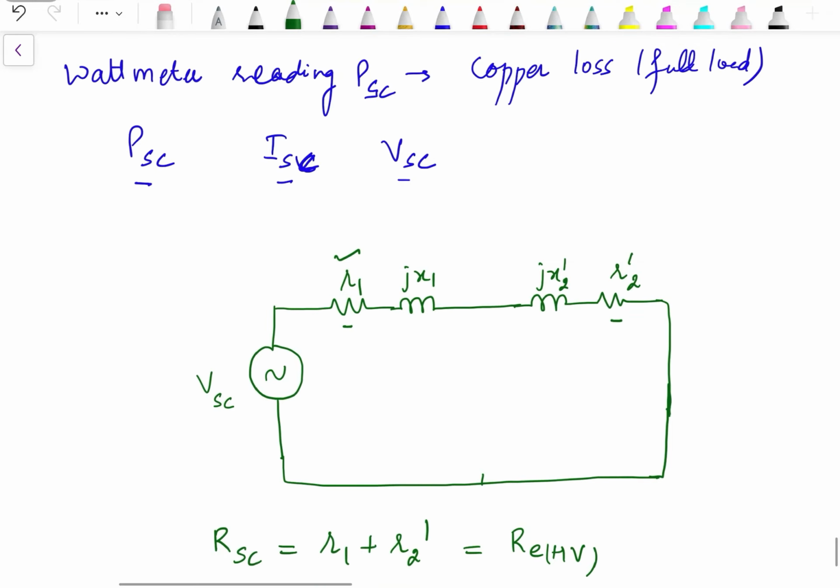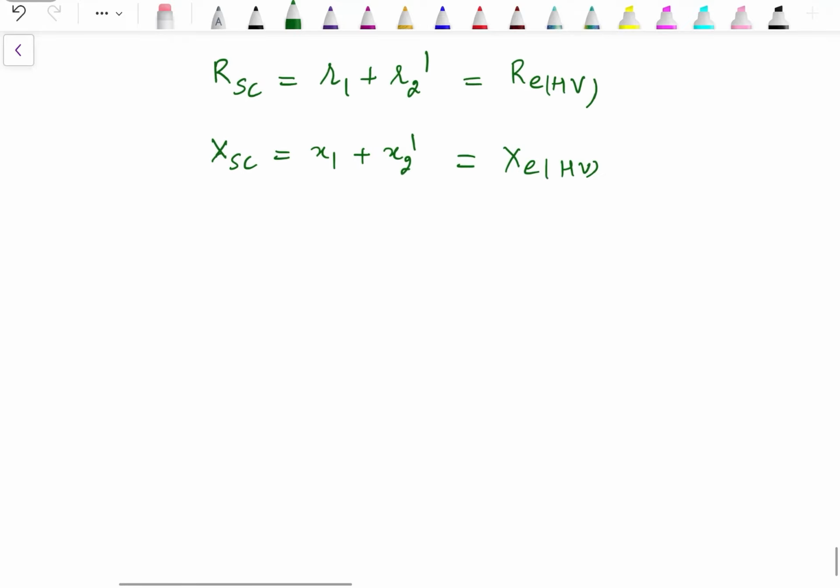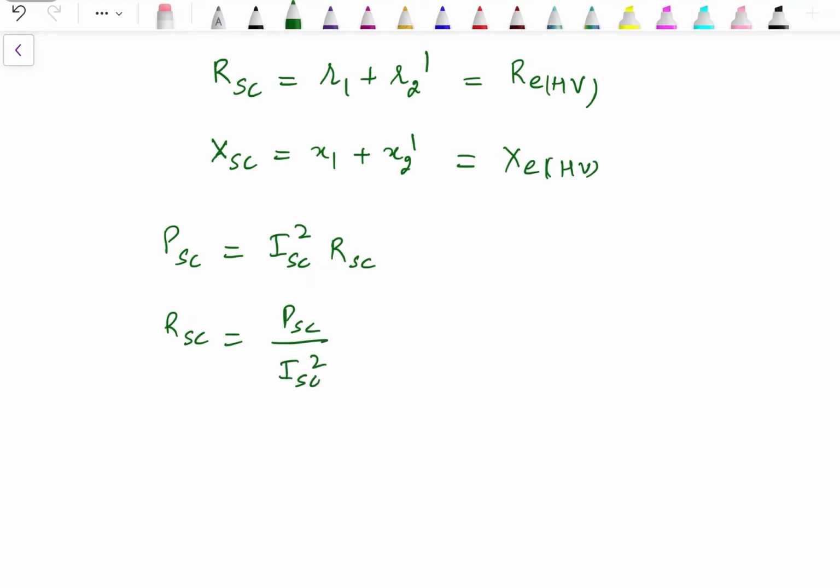Now, from the readings of three instruments, we can actually calculate this R equivalent and X equivalent. From PSC, which is actually giving us the I square R losses, we can write ISC square into RSC. So we will get the value of RSC as PSC upon ISC square.